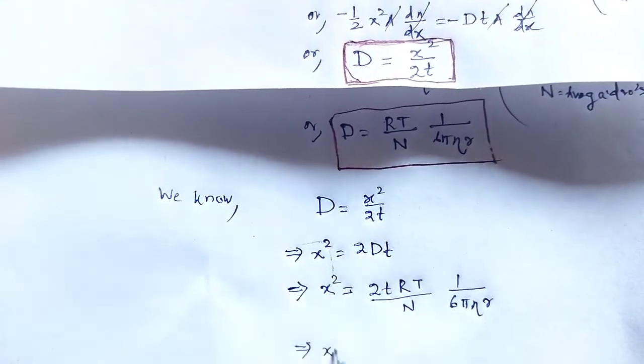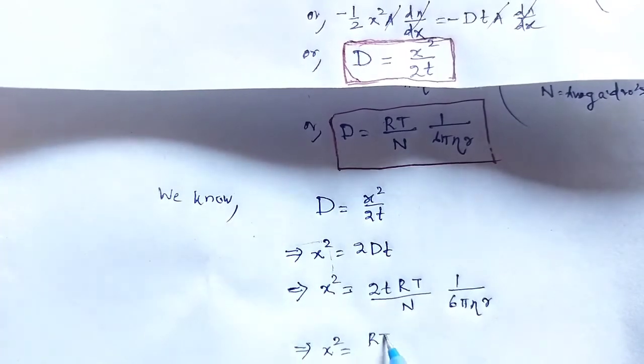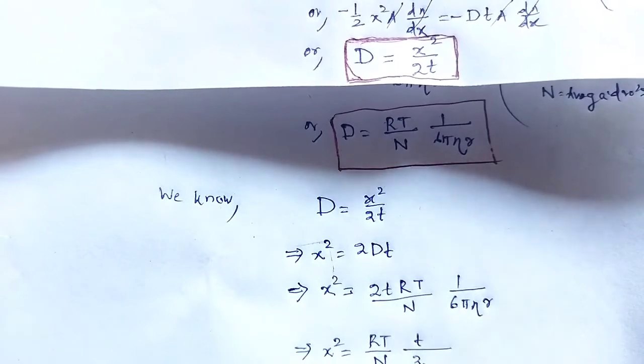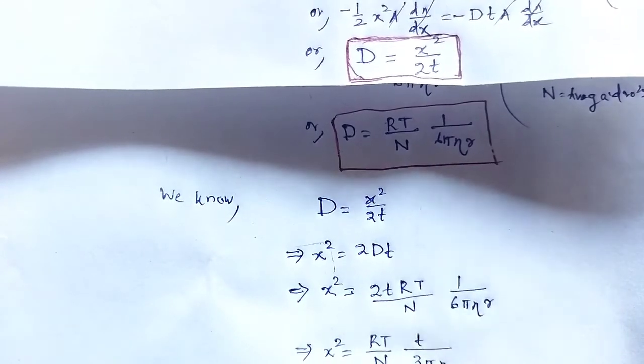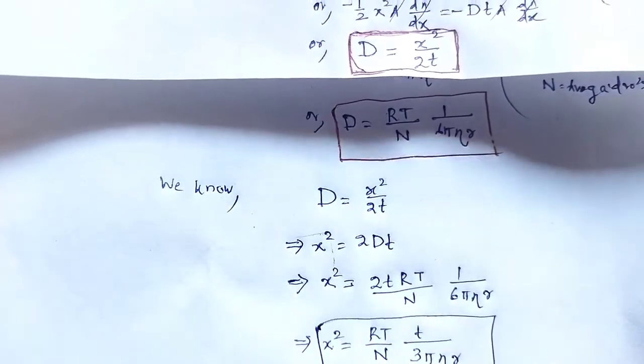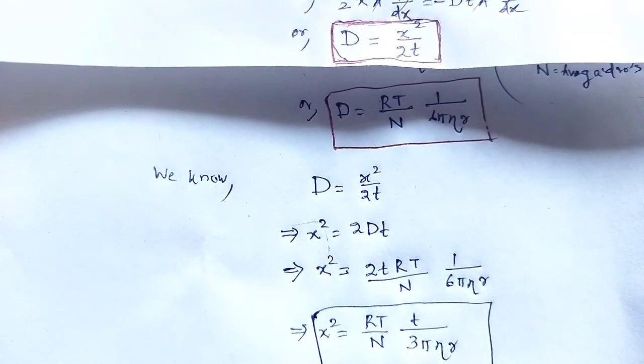Now x square is equal to RT by N t divided by 3 pi eta r. This is another expression for the distance x.